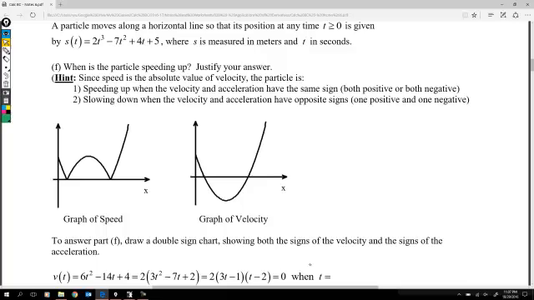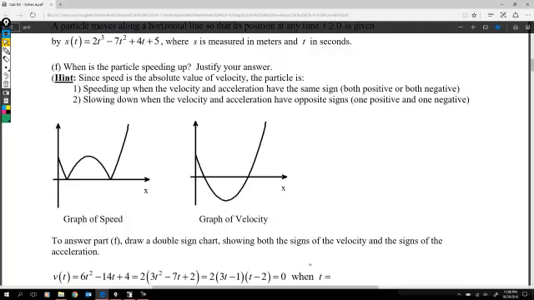If they're both negative, you're going faster in the negative direction, but you still are speeding up. Slowing down means your velocity and acceleration have opposite signs, so you'd be going in the positive direction, but at a decreasing rate, for instance, or going in the negative direction with an increasing rate, which really means that you're starting to go positive.